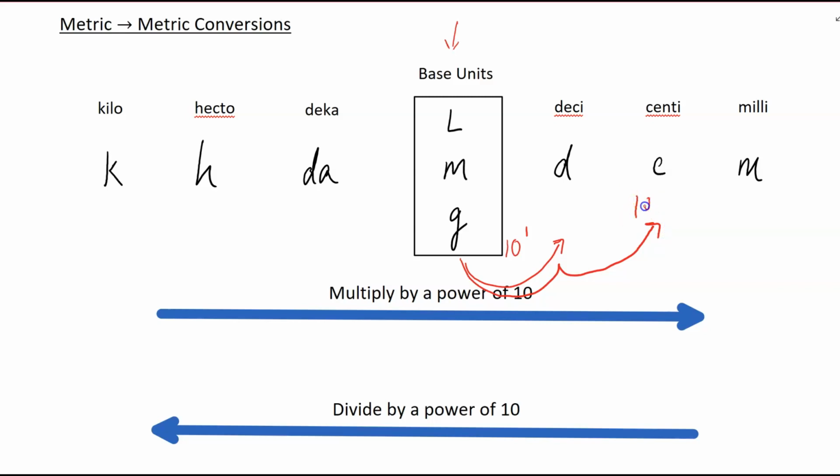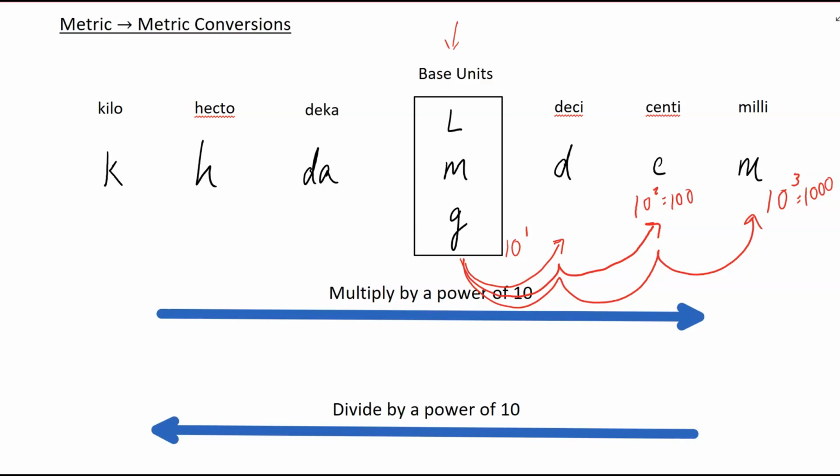So this will be 10 to the power of 2, or 100 centimeters in a meter. And 10 to the power of 3. There are 1,000 millimeters in 1 meter. So a millimeter is 1,000 times smaller than a meter.